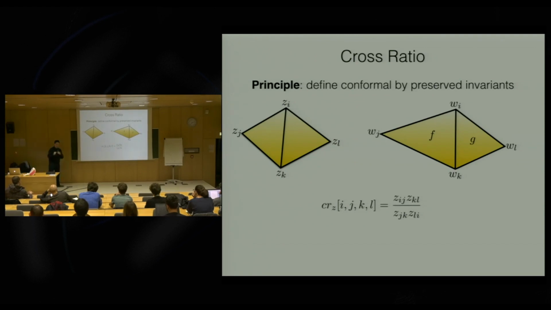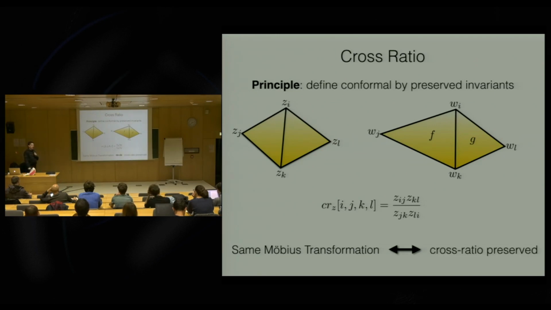Now I will do it first in the complex plane. You take those vertices as complex numbers. z_ij is the edge, z_j minus z_i. And then you multiply and divide them together and get some mysterious size called the cross ratio of this object. Why do we use it as is? Because if z goes under a single Möbius transformation to w, well, omega, the cross ratio is preserved.